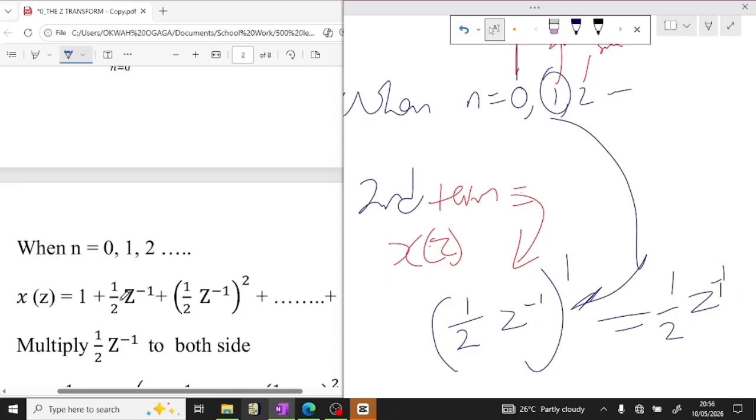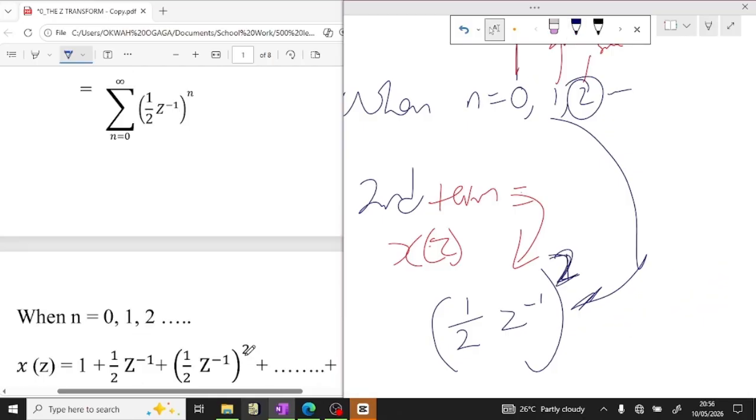Now, what about our third term? For the third term, n is 2. Meaning here will be 2, because this is where n is now. Remember, we are looking at this formula. So n is 2, meaning we'll now have everything raised to the power 2. For the fourth term, n is 3.